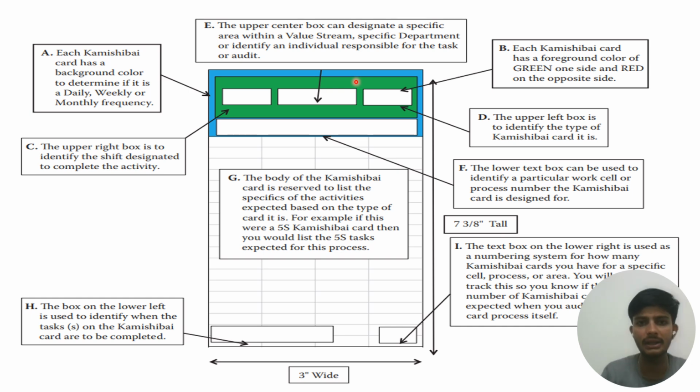Our third section is the upper right box. This box is used to identify our shift, whether we are doing it in the first shift, second shift, or which shift. The upper left box is used to identify the type of card it is, whether it is used for an audit, an inspection, or to complete a task.